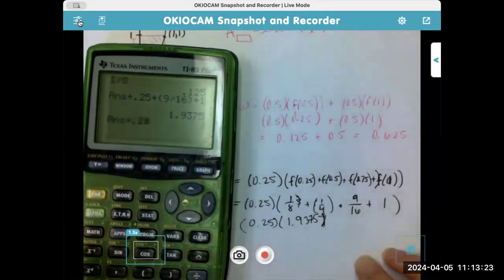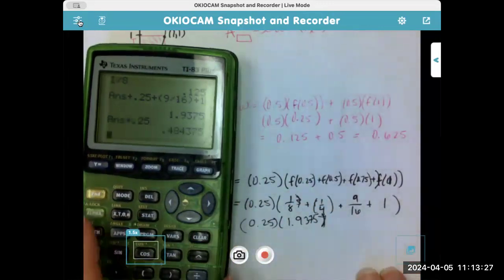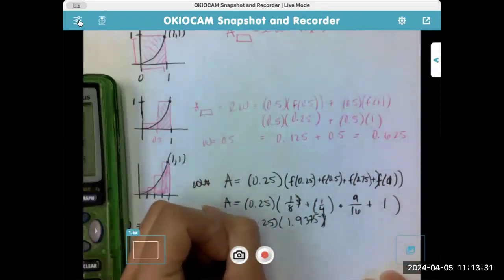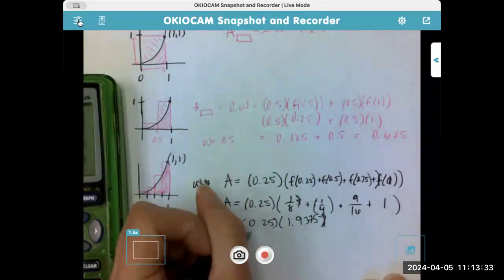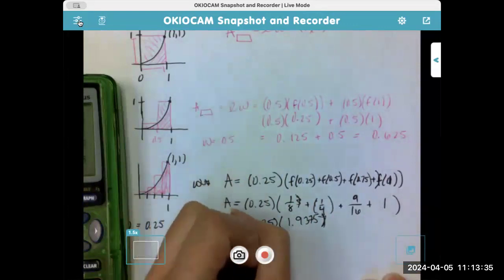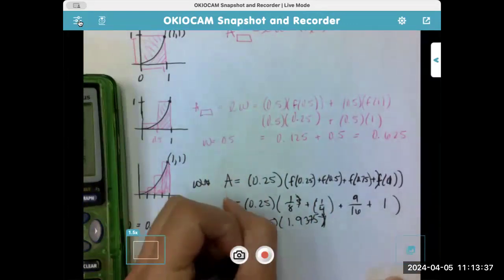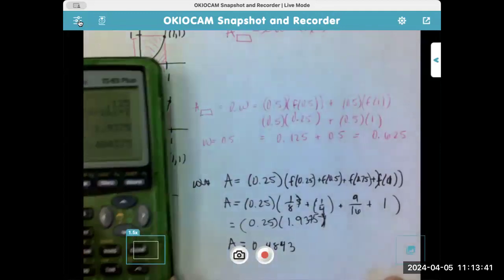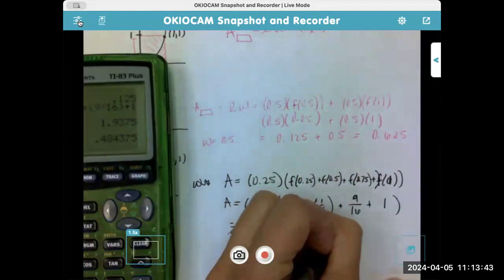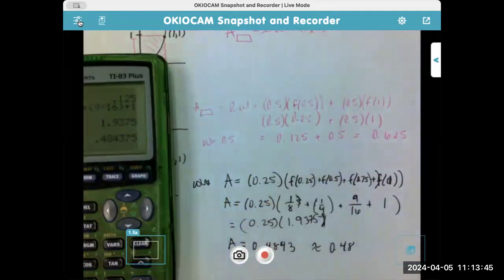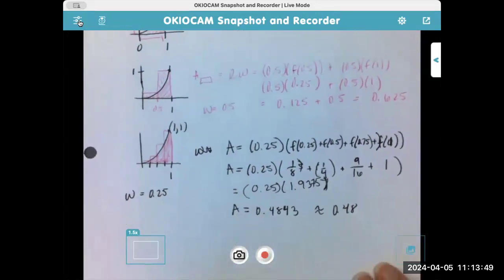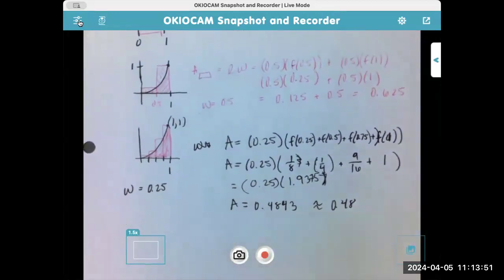Now times the 0.25 because that's the width. So my approximate area, I should say, is 0.4843, or let's say approximately 0.48. Again, if y'all see a mistake, forgive me. You're not here to catch my crazy human errors.